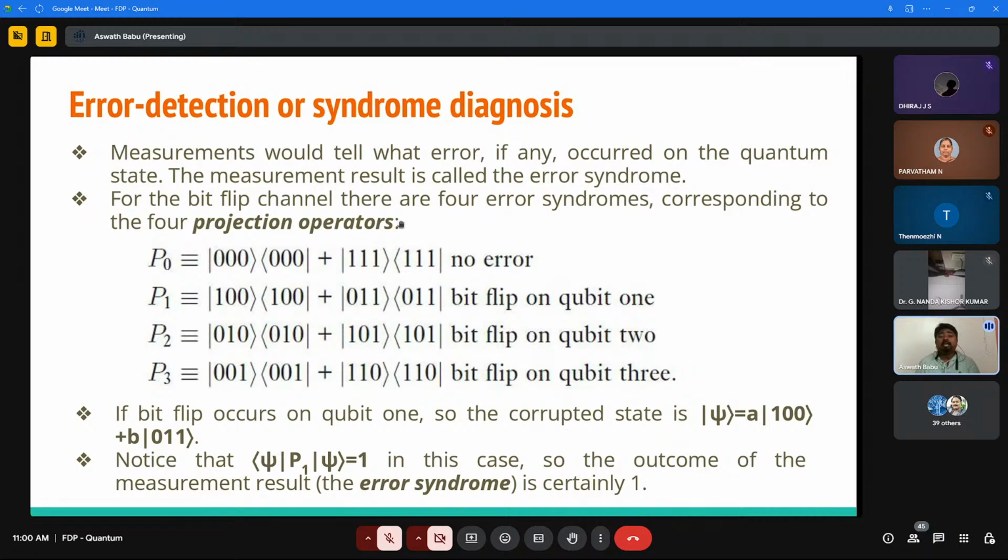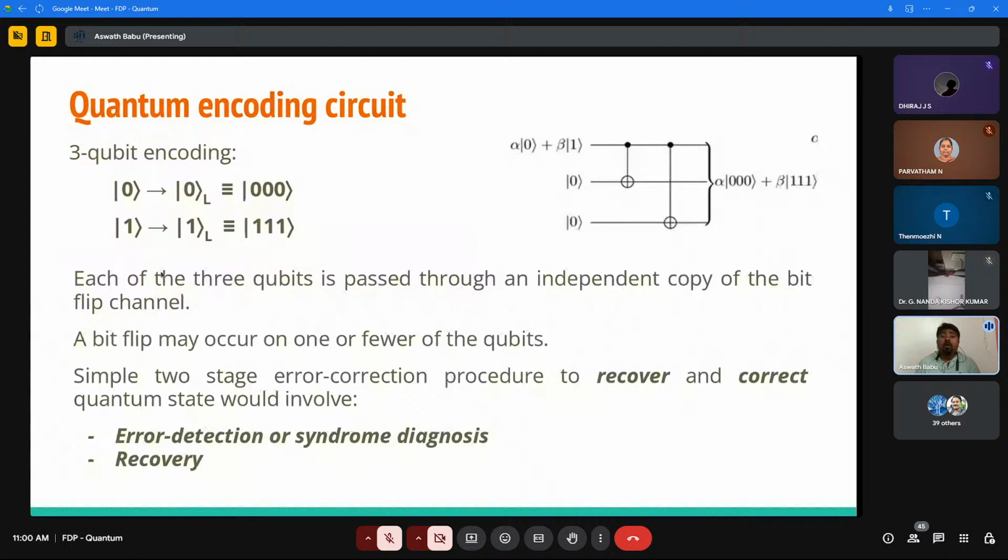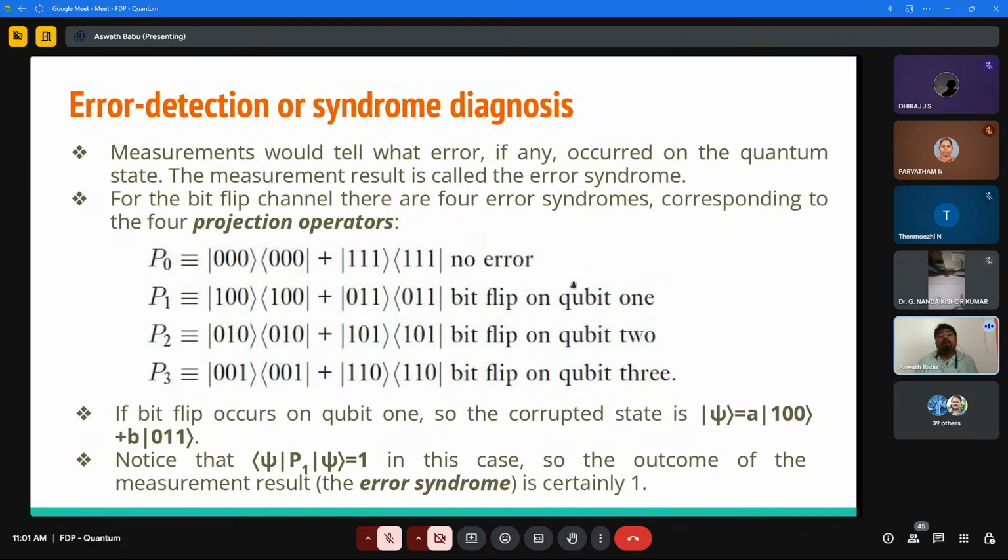And what is this? When I take this projection operator and act it upon the resulting quantum state, if I have a quantum state, a superposition created with the logical zeros and logical ones, that has gone through some circuit, and after coming out of the circuit it has some problem, this projection operator P naught is going to tell me whether it is actually flipped or not.